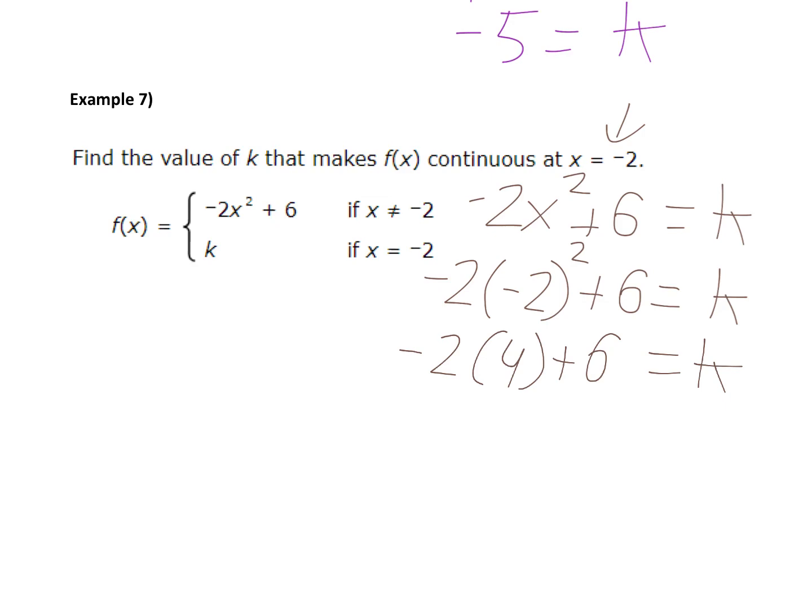Negative 2 times 4, negative 8, plus that 6 is equal to k. Negative 8 plus 6, well, that's negative 2, which is still equal to our k. So if we have our k value equal to negative 2, then this function will be continuous at x equals negative 2.